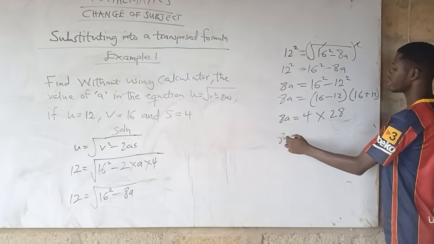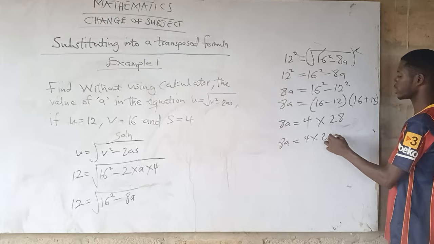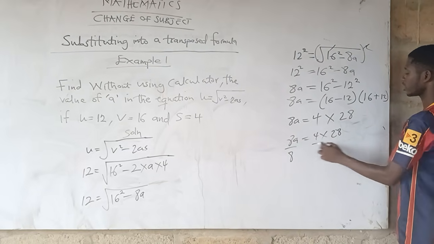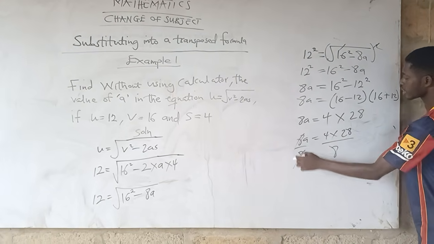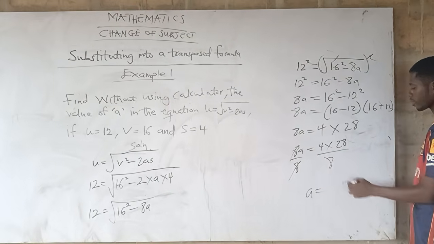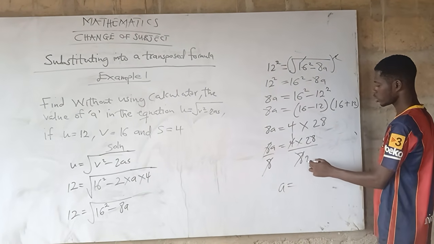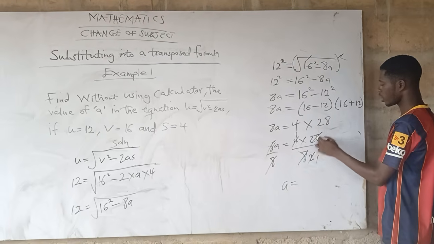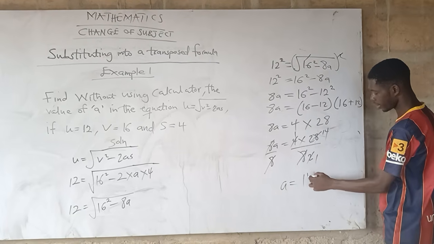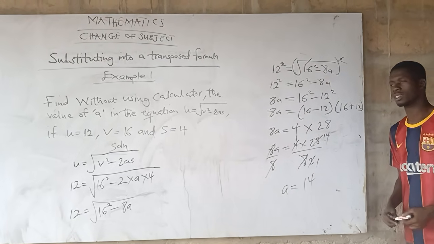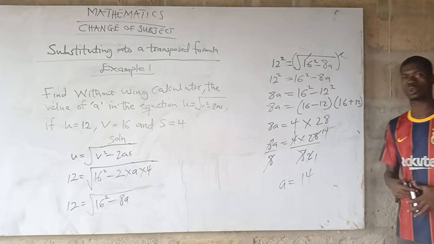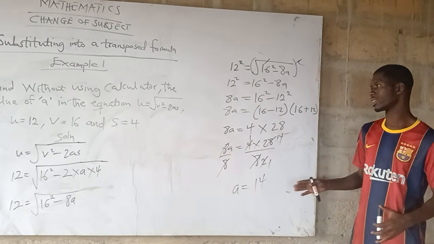So 8a is equal to 4 times 28, divided by 8. 8 will cancel 8. a is equal to 4 here 1, 4 goes 2... 2 goes here 1, 2 goes here 14. So now a is equal to 14.